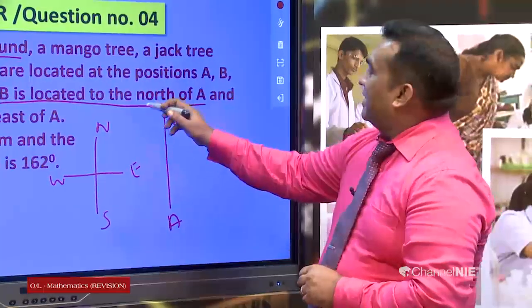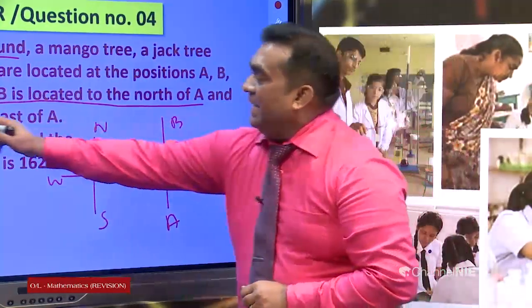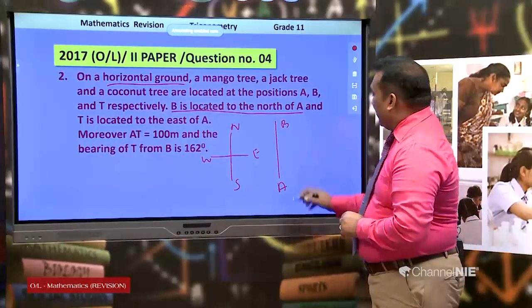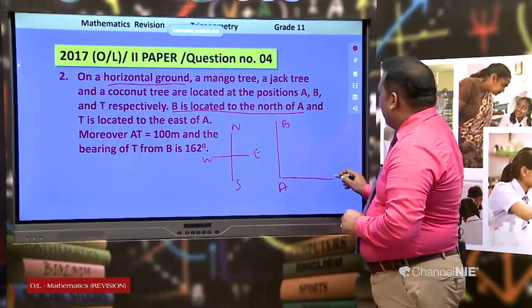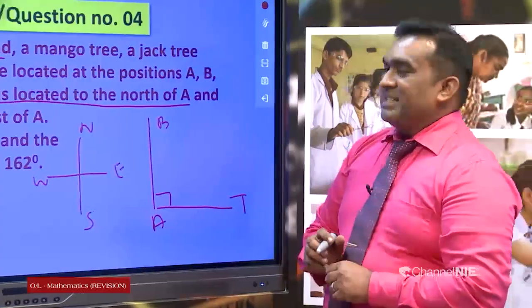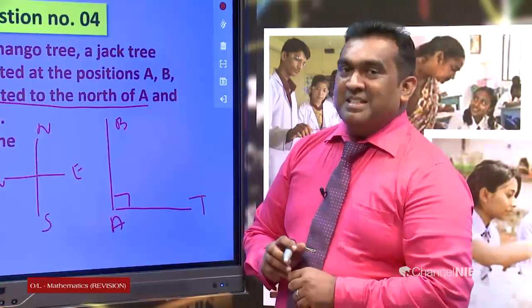This is the location of T. You know that this angle is 90 degrees.